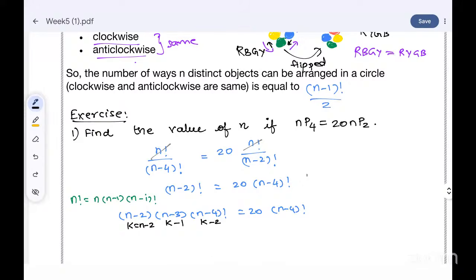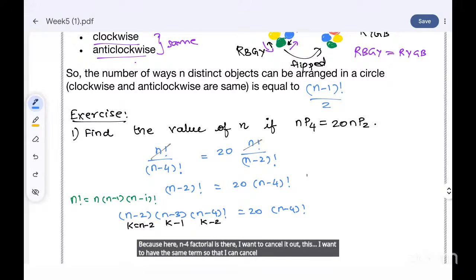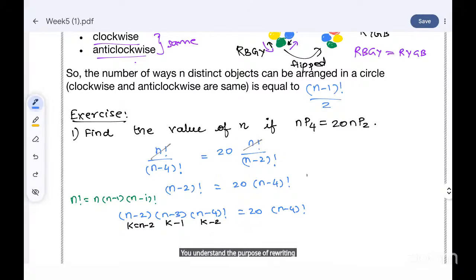Yes, ma'am. Okay, fine. Please explain again why we are taking n minus 2 factorial as n minus 2, n minus 3, and till only n minus 4. Because here n minus 4 factorial is there. I want to have the same term so that I can cancel it out. That's why I stopped it here. You understand the purpose of rewriting it this way?